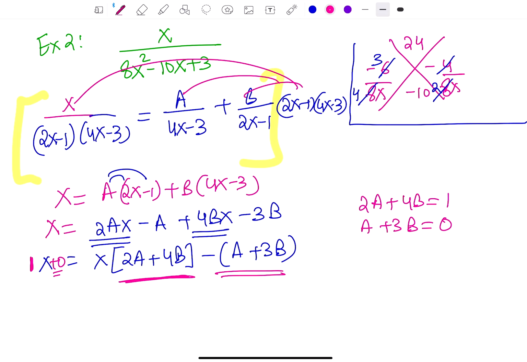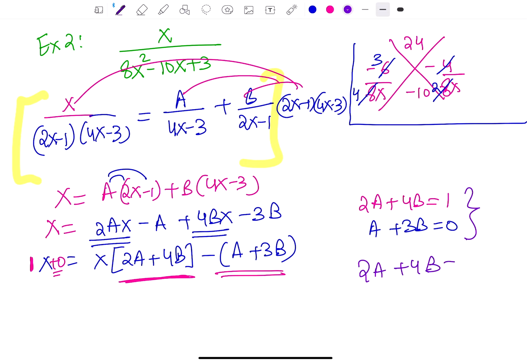I'm going to multiply the second equation by negative 1. Now I'm thinking I shouldn't have factored the negative out in the first place. Let's do it with negative 2. Go back, and the second equation was A plus 3B equal to 0. So let's multiply the second equation by 2.